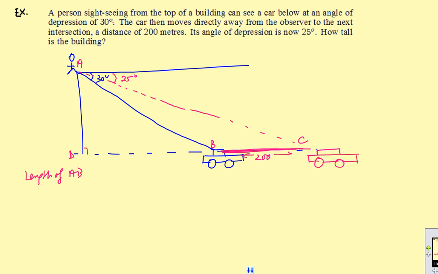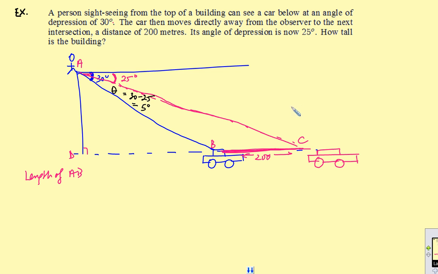So this blue here is 30, and then this angle here is 25. So we're going all the way down here like this. This is 25. That means that the angle that's left over in here, which I'm going to call theta, is going to be 30 minus 25, which makes it 5 degrees.